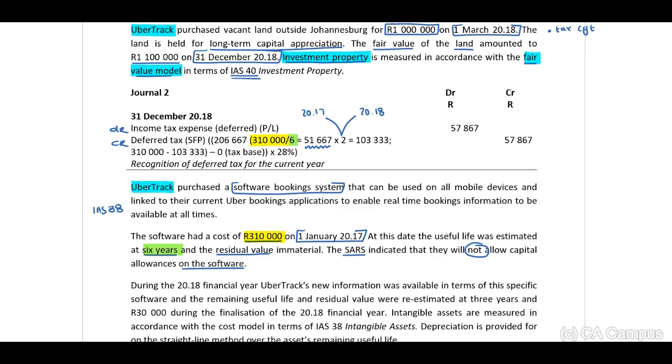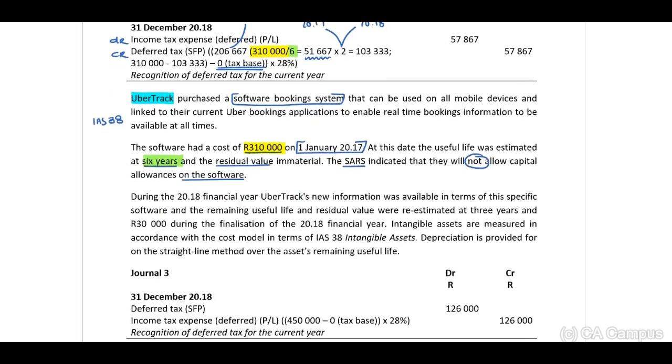And then they will have a carrying amount of 206,667 minus 0 tax base times 28%. Then they indicate to us during the 2018 financial year, new information was available in terms of this specific software, and the remaining useful life and residual value were re-estimated at 3 years and 30,000 Rand during the finalization of the 2018 financial year.